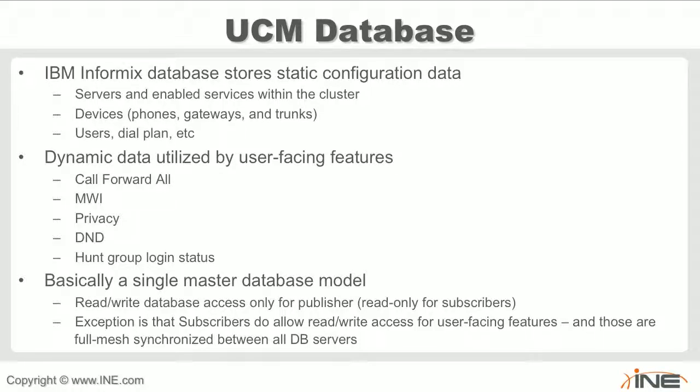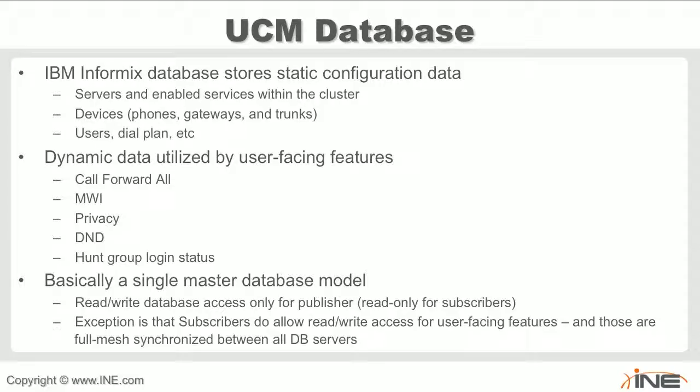So to begin with, let's do a rehash of the UCM database itself. Unified Communication Manager, or UCM, uses an IBM Informix database, and it stores static configuration data such as servers, their enabled services that are within the cluster, devices such as phones, gateways, trunks, as well as users, the dial plan, etc. There is dynamic data that's utilized by something called user-facing features, or UFFs.